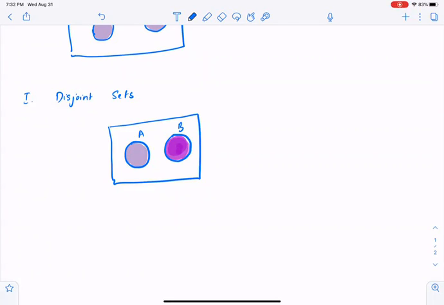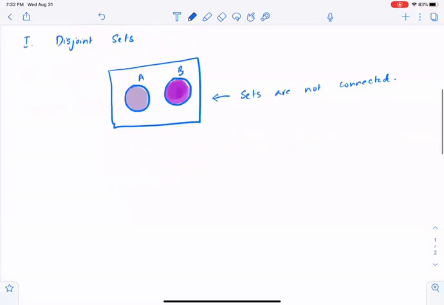They are not connected. And that's what we call disjoint sets.